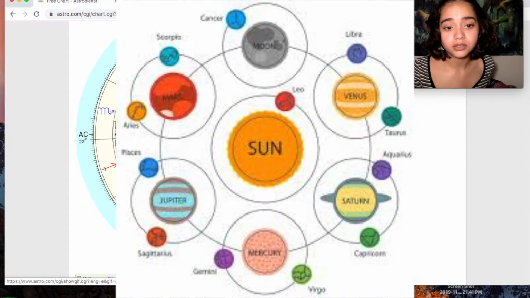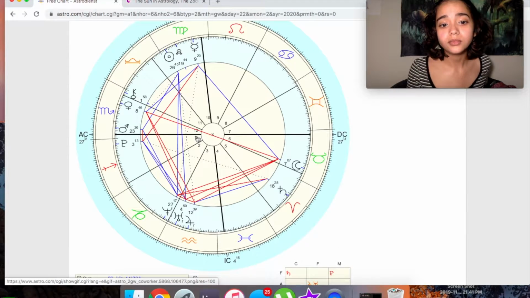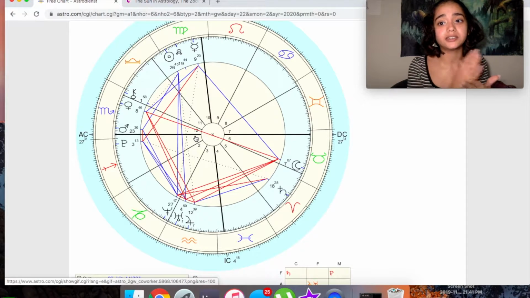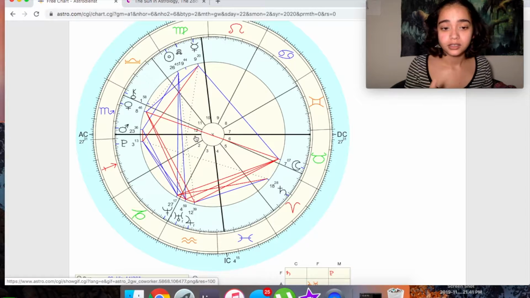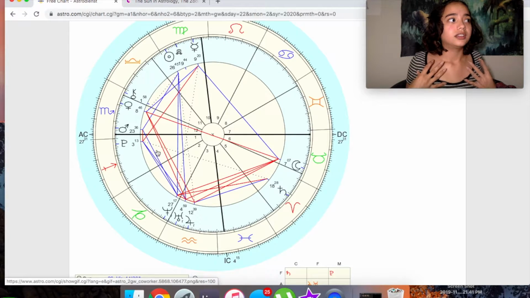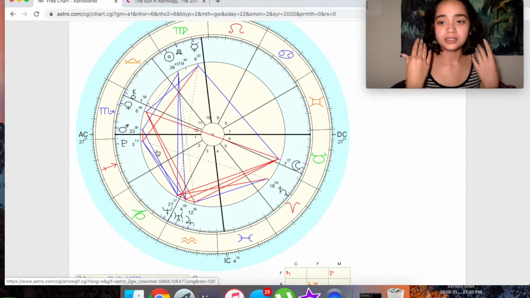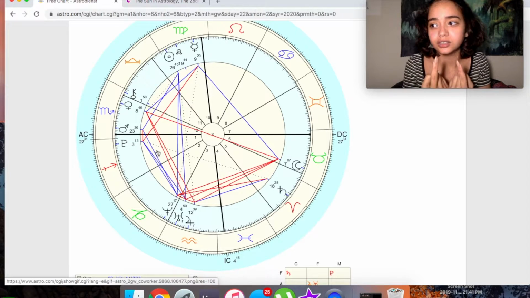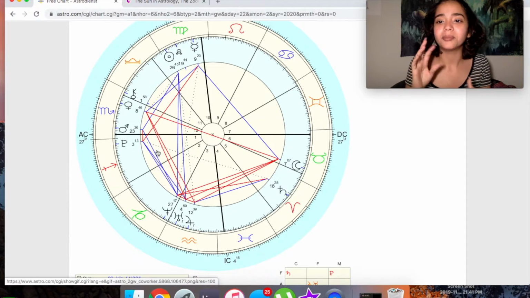So, for example, this first house right here, the first sign. What's the first sign? If you know the signs in order, because the signs are in order from 1 to 12, the first sign is Aries. And since Aries is the first sign, they're the flesh, like the manifestation of creation.